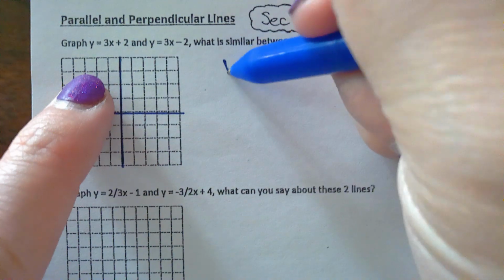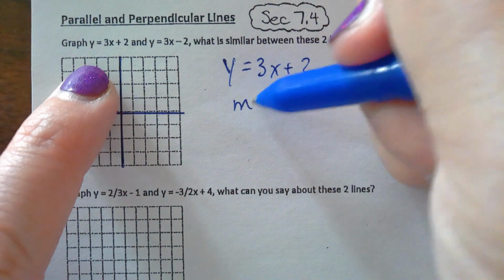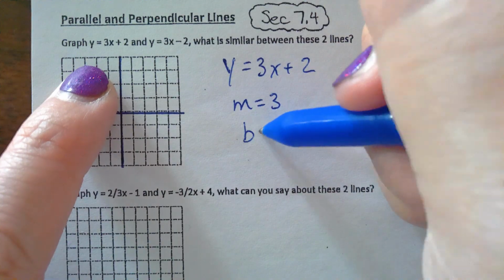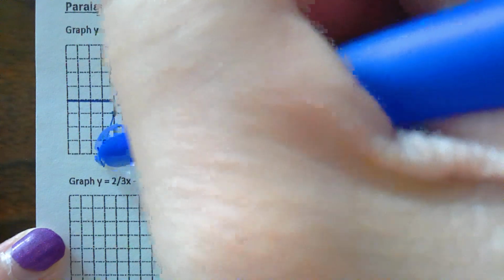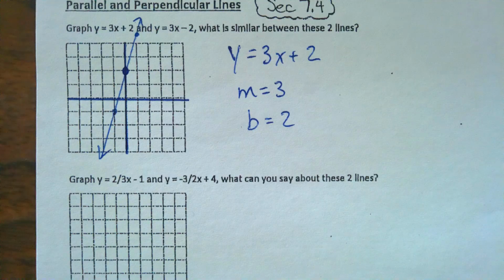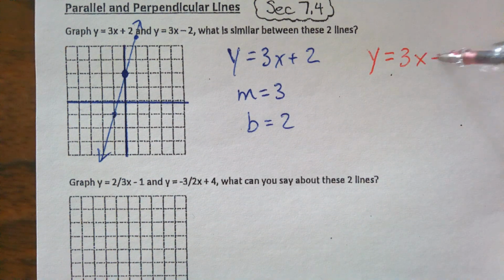Okay, so y equals 3x plus 2. My slope is 3. My y-intercept is 2. And then the second line, y equals 3x minus 2.